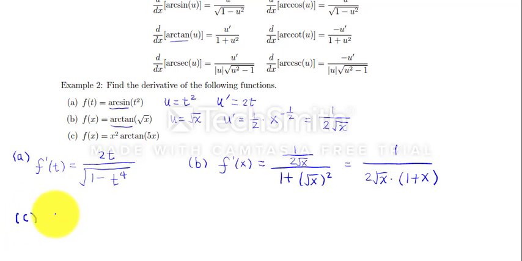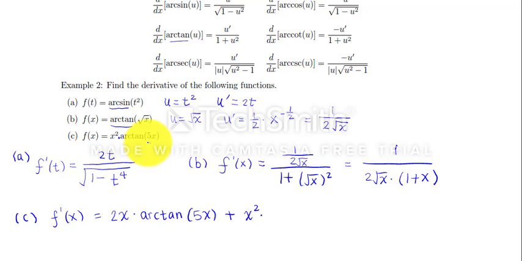For part C, we notice that we have a product, x squared times arctangent of 5x. So we have to apply the product rule. Derivative of the first function, x squared, is 2x times the second, plus the first function times the derivative of the second function.